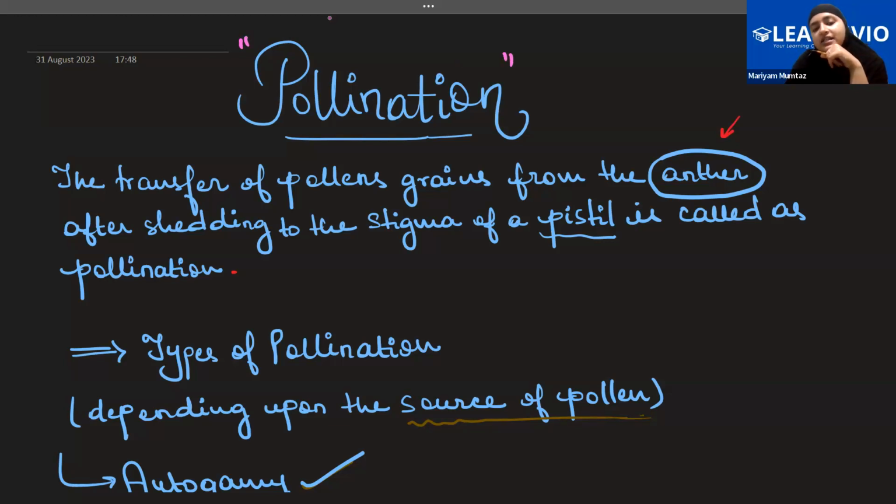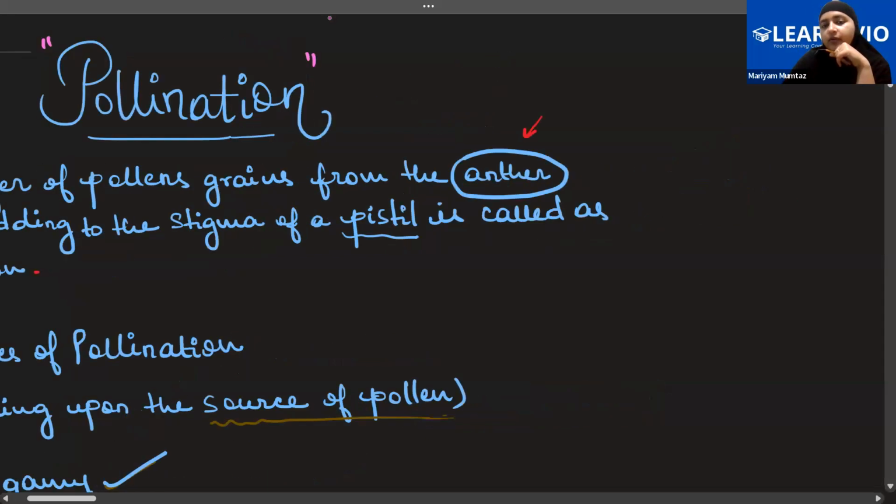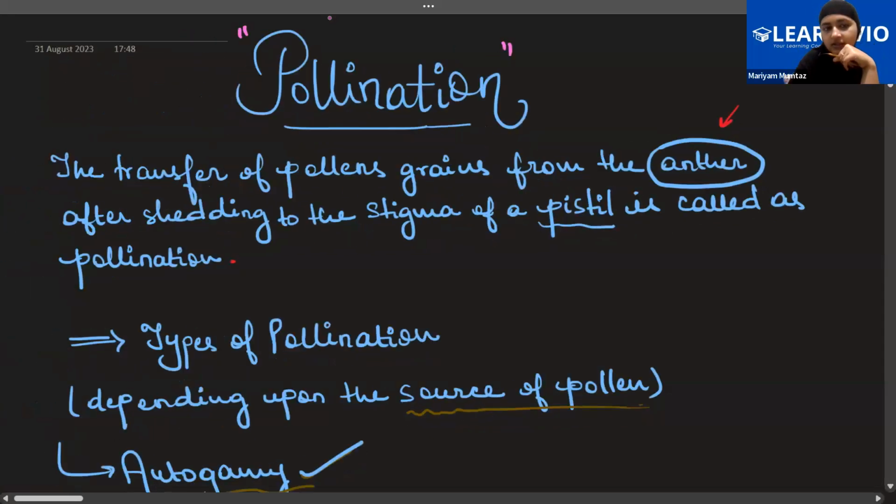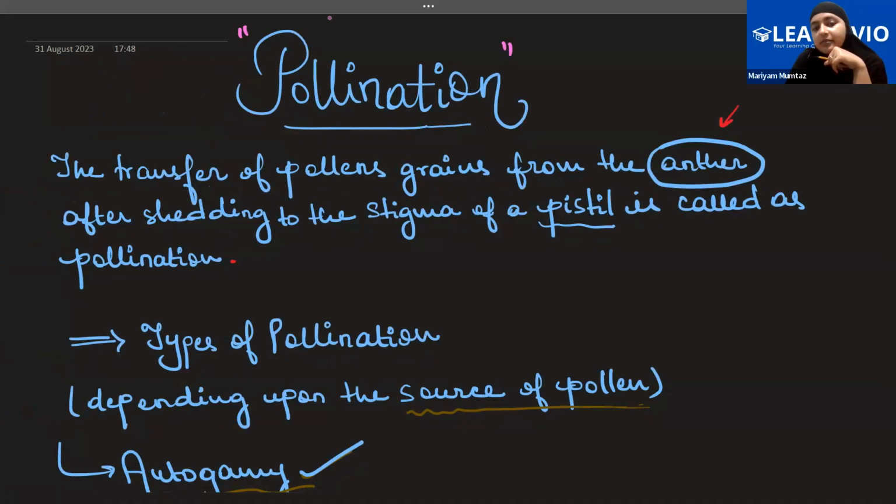It is the transfer of pollen grains from the anther after shedding, only after the anther dehisces, to the stigma of a pistil. This transferring of pollen grains from the anther to the stigma is pollination.